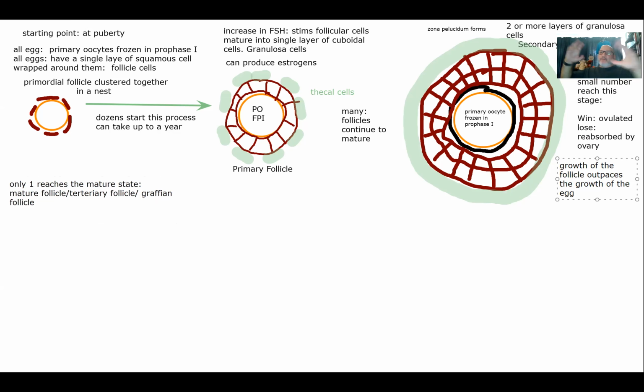And so we get this massive expansion of the follicle, and small spaces start to form where the cells move away from each other and open up small spaces. Eventually, these small spaces fuse together to form a large, open, fluid-filled antrum.